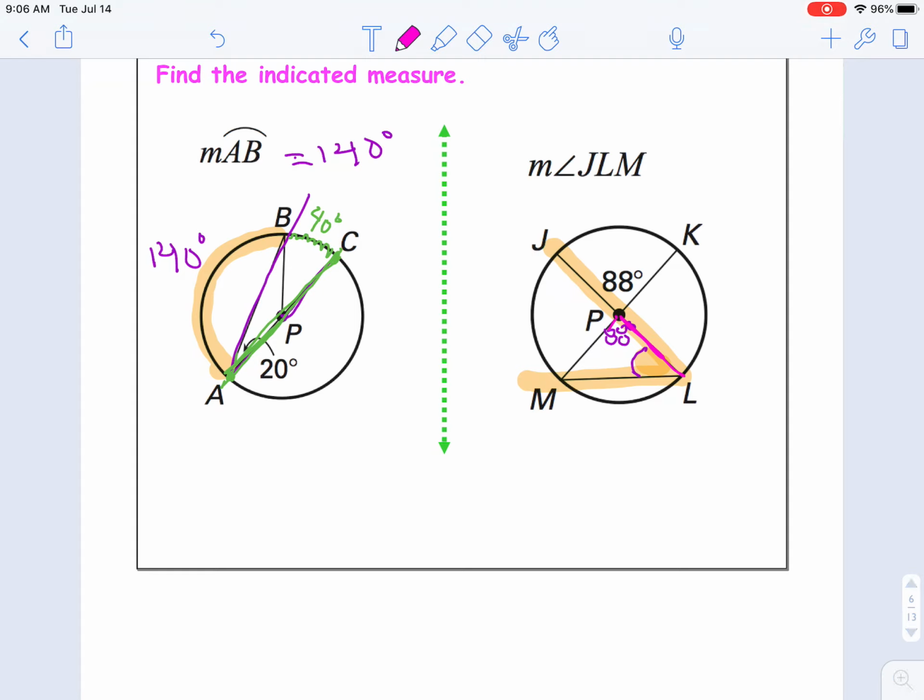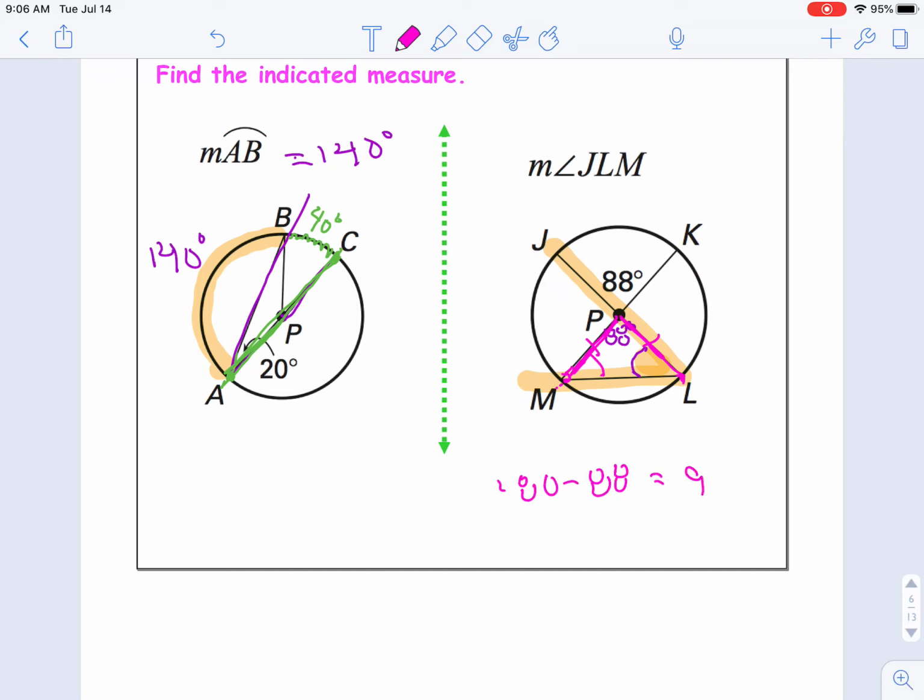And we also know, and sometimes this might not be as clear to you, that LP and PM are radii. They go from the center and have endpoints on the circle, so those are the same. That means this angle will also be the same.